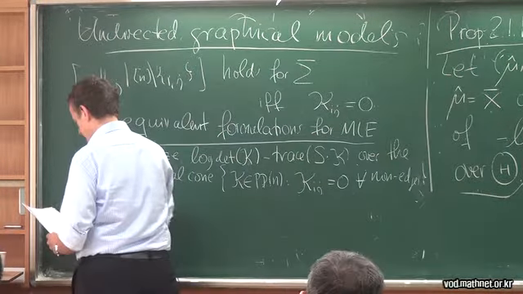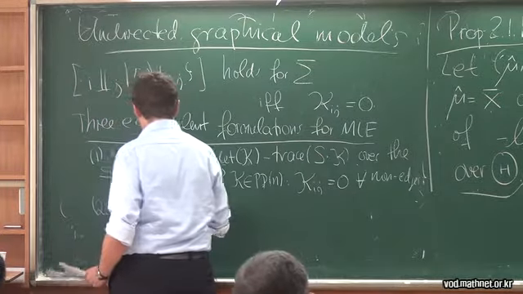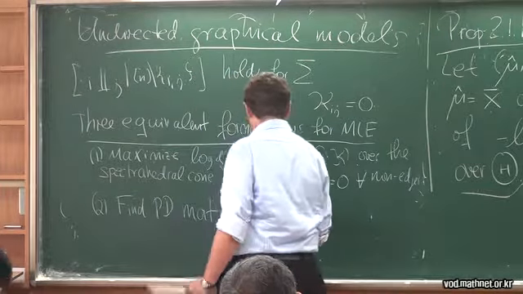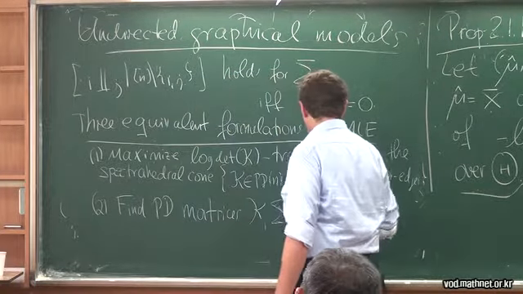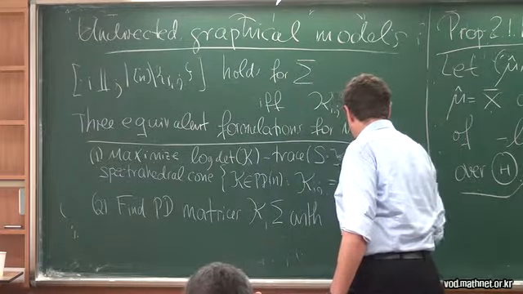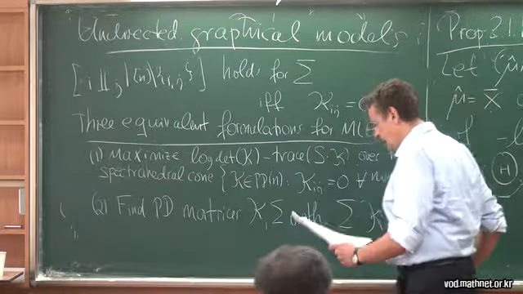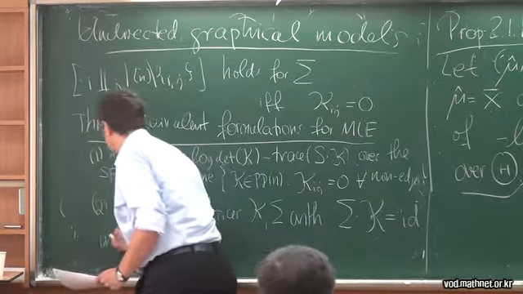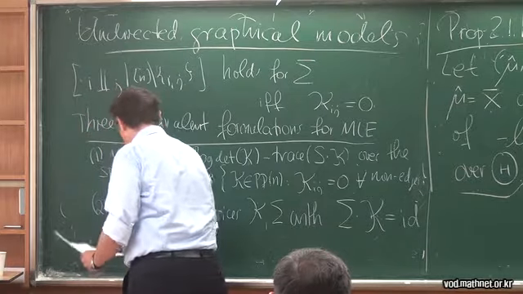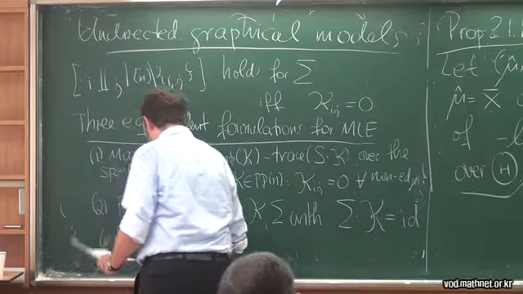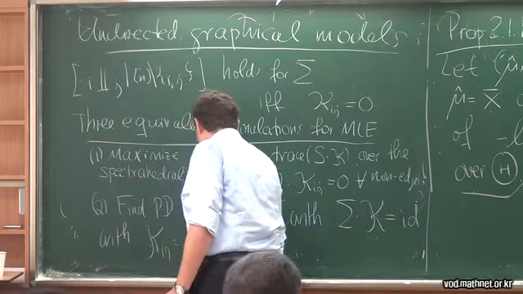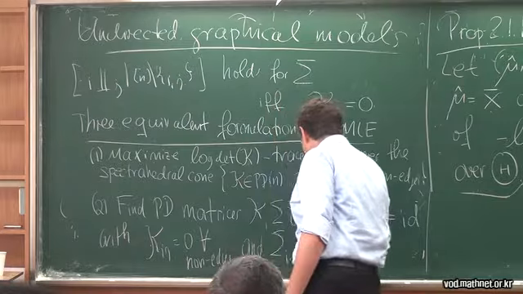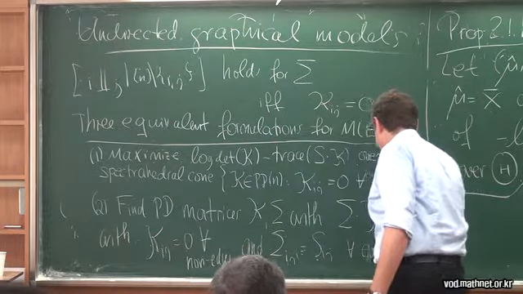So version 2: find positive definite matrices K and sigma that are mutually inverse, sigma times K is the identity, such that kappa ij is 0 for all non-edges, and sigma ij is Sij for all edges.